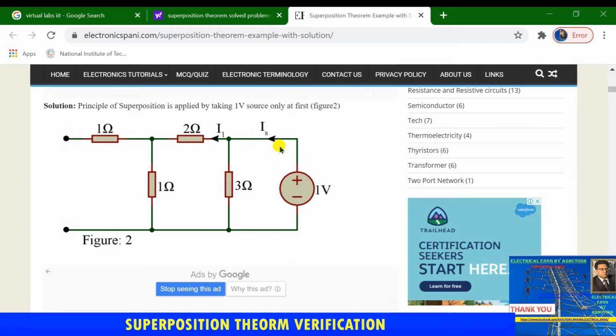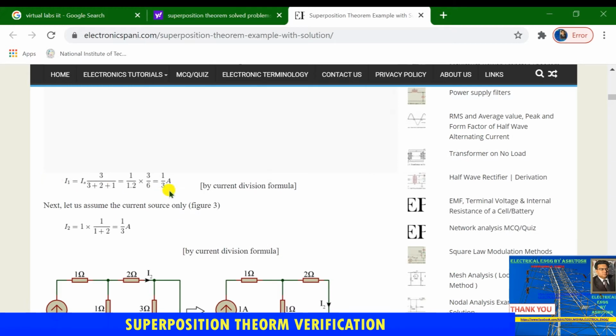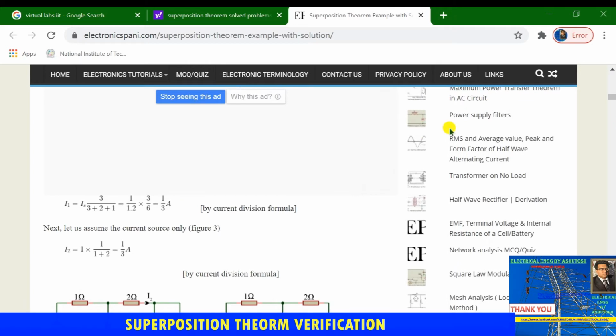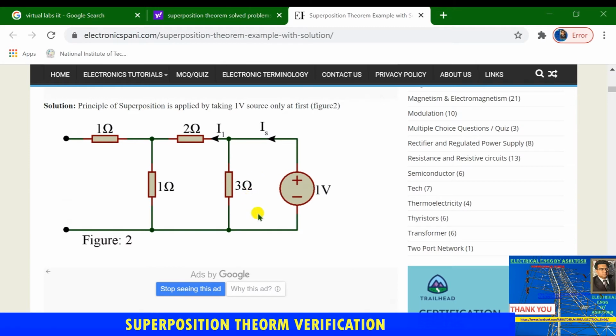So whatever the IS current is, it will be halved, and the current I1 becomes 1 by 3 ampere. So the 1 volt voltage source is sending 1 by 3 ampere current in this branch from right to left. This direction is to be remembered: from right to left, 1 by 3 ampere current.